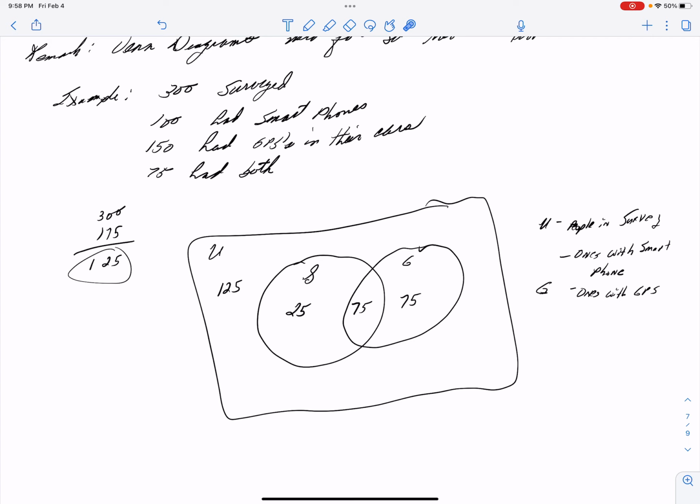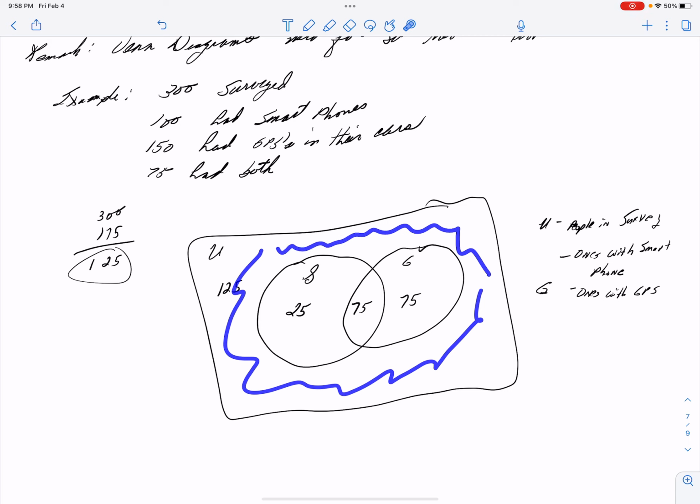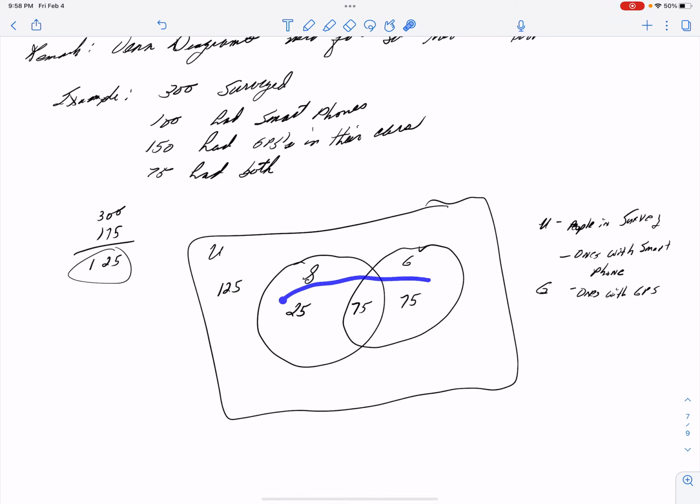And then, to figure out how many I have outside, I add up all of these on the inside, which turns out to be 175. And I take the 175 and I subtract it from the total number of people in my survey.